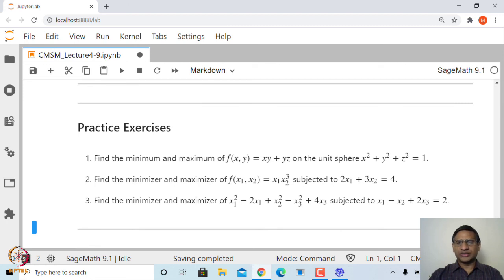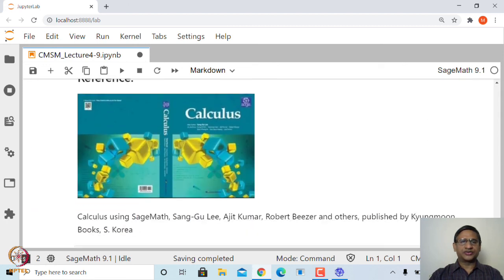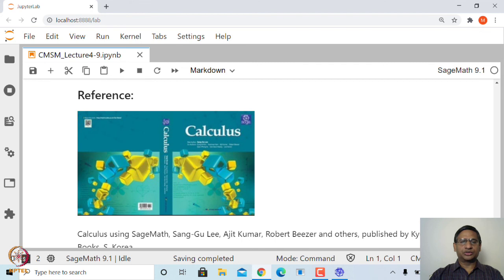If you want some reference, you can look at this particular book on calculus. It uses SAGE math, and is a book by Sang-Woo Lee, myself, Robert Beecher, and a few other authors. It has been published by Kyung Moon Publication in South Korea, and is available from Amazon. You can go through this book, and it gives you all the SAGE codes, starting from very basic one variable calculus to multivariable calculus, including vector calculus.